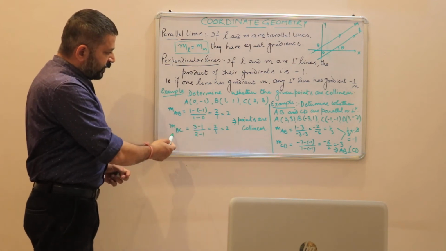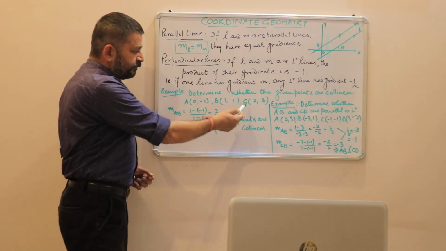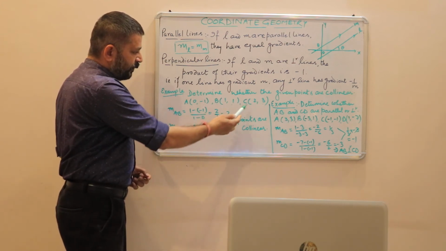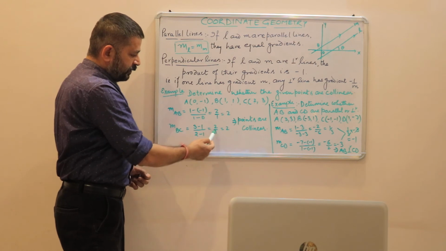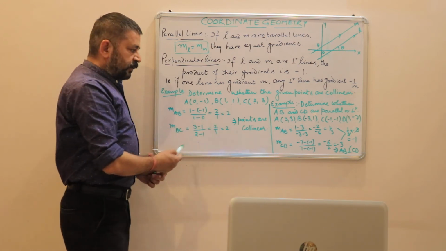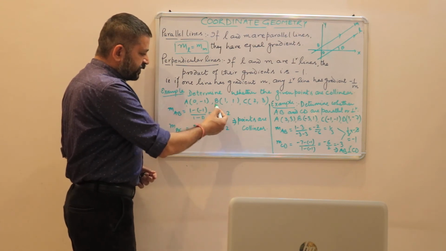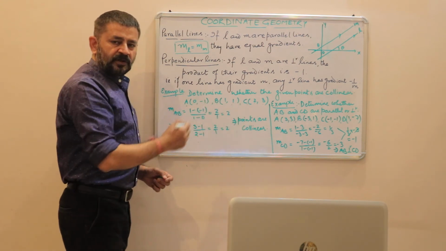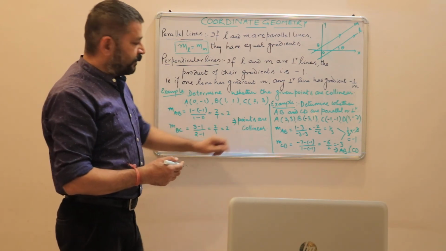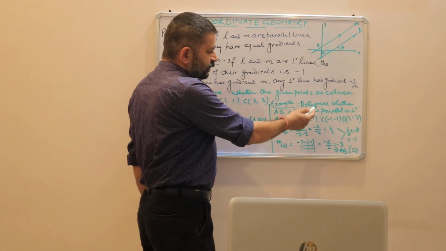Now we'll find gradient of line BC. It is (3 minus 1) upon (2 minus 1), that is 2 again. So these two gradients are equal. It means points A, B and C, all 3 points lie on the same line, or we can say that points are collinear.